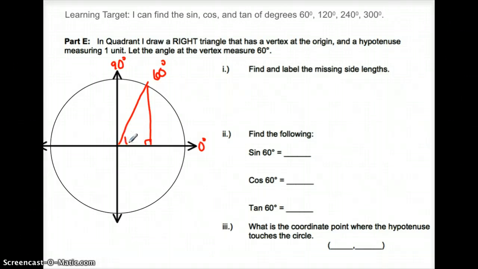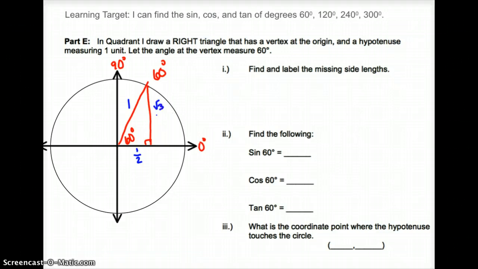So that corner angle is 60 degrees. If I think about those side measures that I started the video with, we're talking about the unit circle, so the hypotenuse measures 1, and that means my side measures are 1/2 and radical 3 over 2.